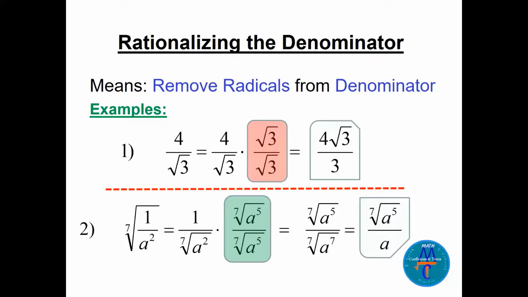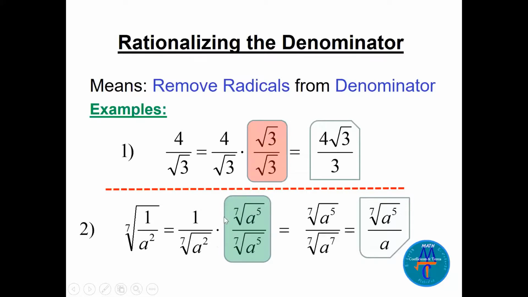Inside the question, we have a squared, so there is a times a. How much do I need on top of 2 to make 7? I need 5 a's. So that's why I multiply by the 7th root of the same index, a power 5. I cannot multiply by the 7th root of a squared as I did here.